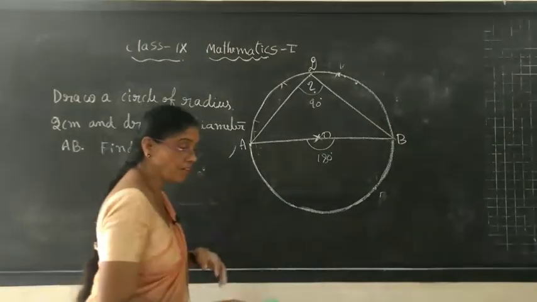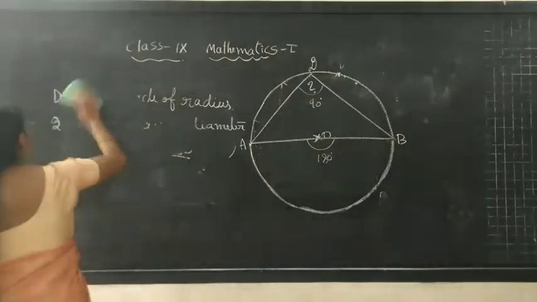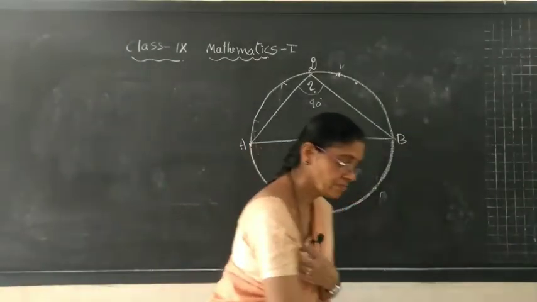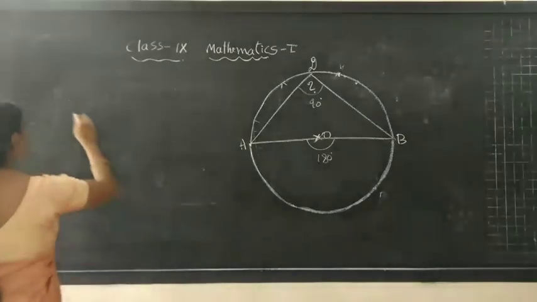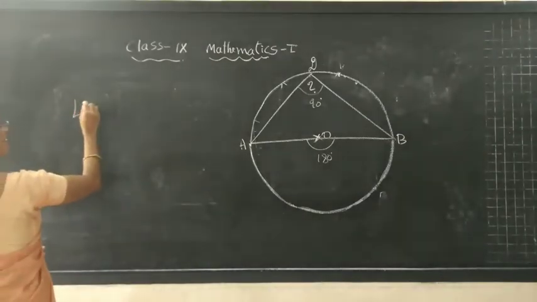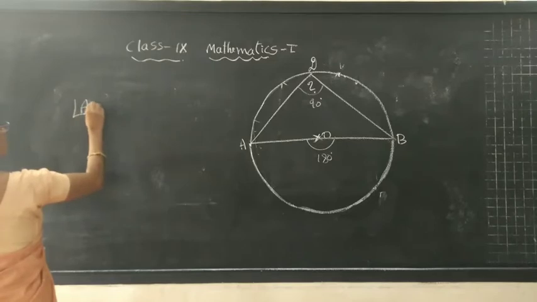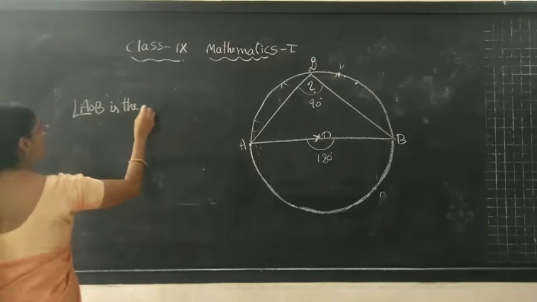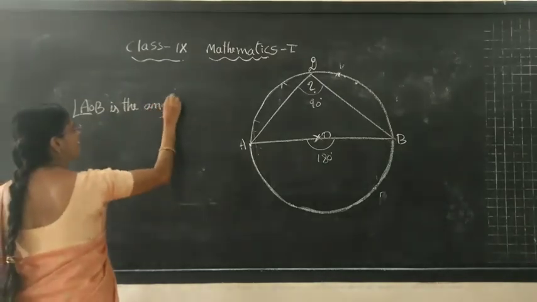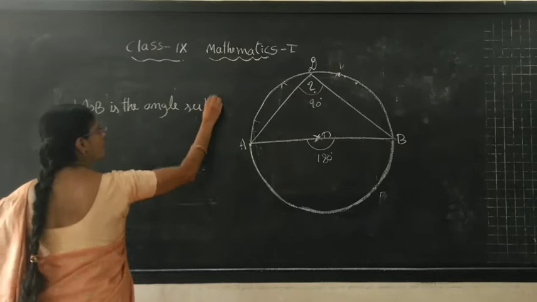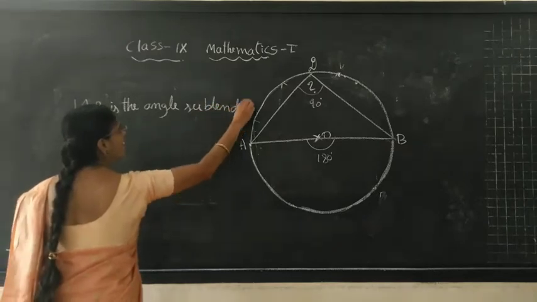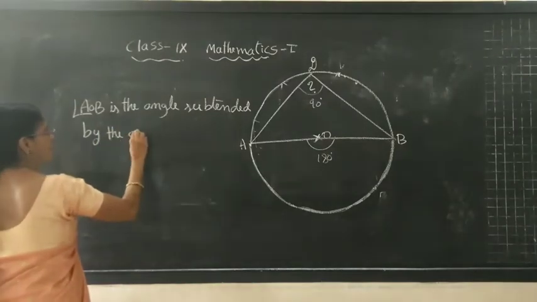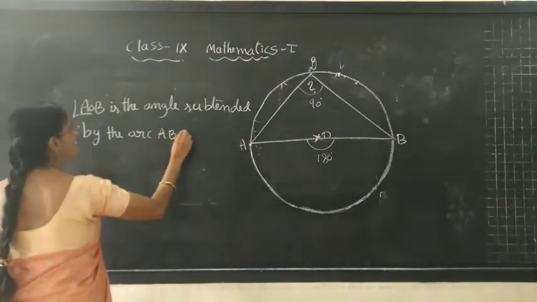So, angle ADB we have to find out. Write down: angle AOB is the angle subtended by the arc AB at the center.